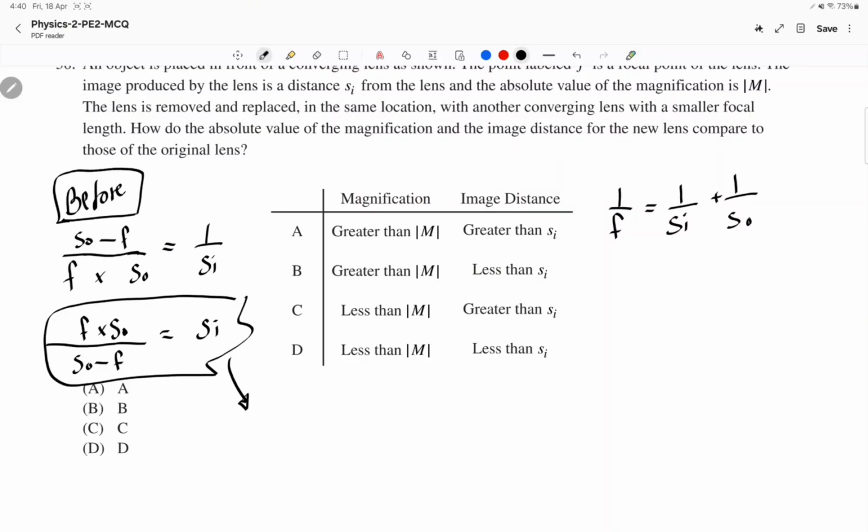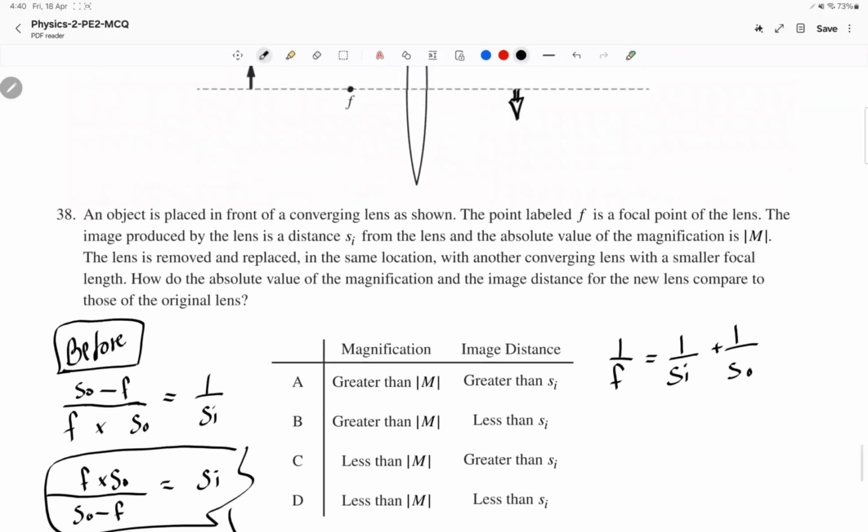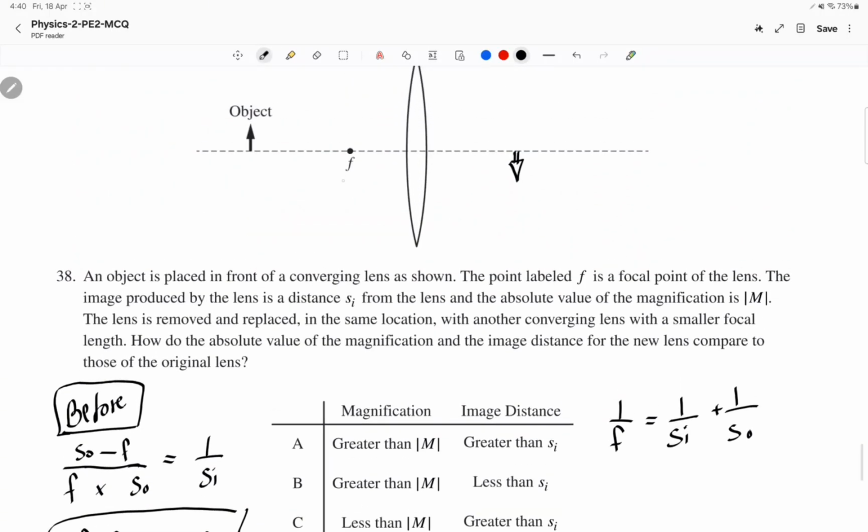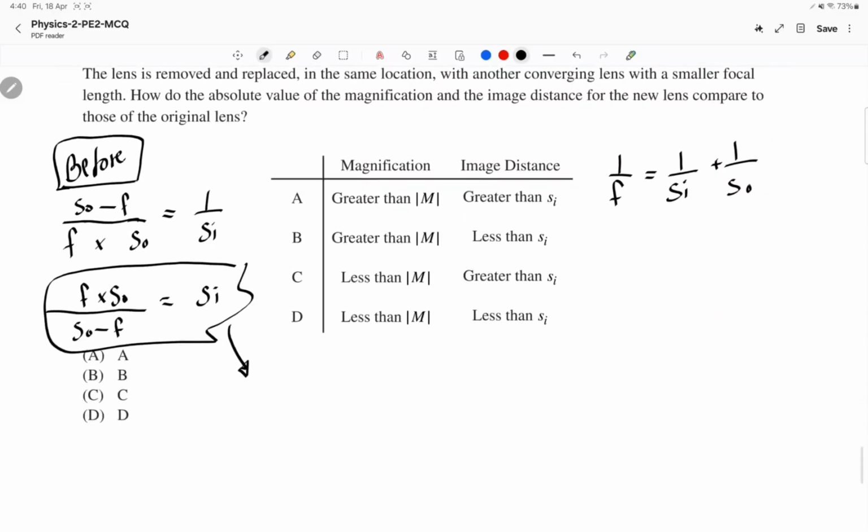And so, shall we just put random values to make our life easier? Sure. Let's say here F is 20, and let's say here the object is 50. So let's see how much is the SI before.